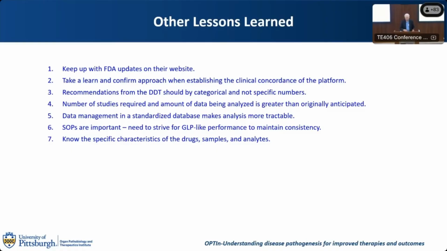Take a learn and confirm approach when establishing the clinical concordance platform. Start off small with some drugs to say, okay, this is what the platform can do, and then confirm it with a larger drug set. We've learned that recommendations of the drug development tool can be categorical and not necessarily specific numbers. Break it down.